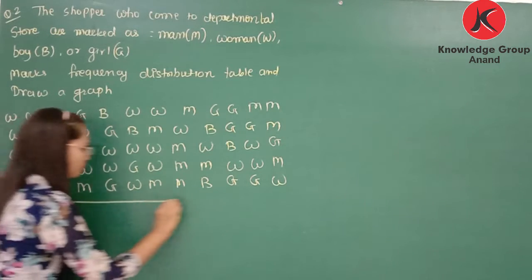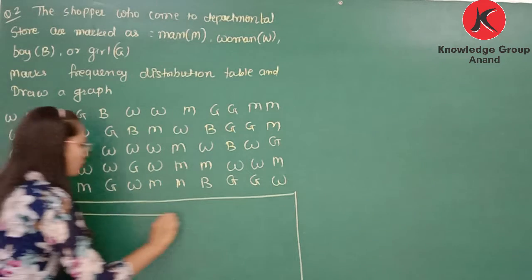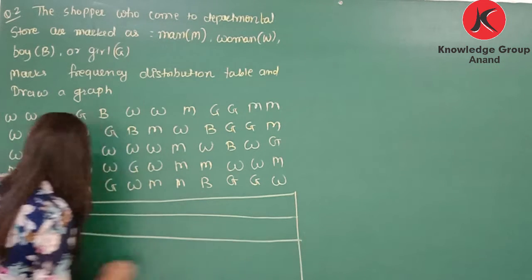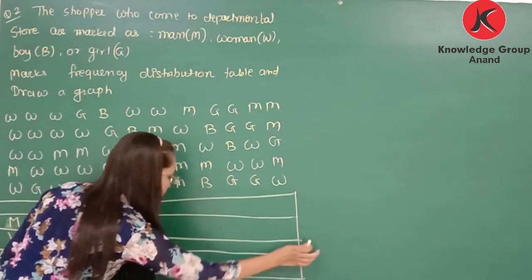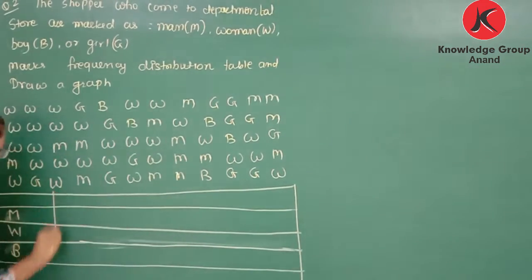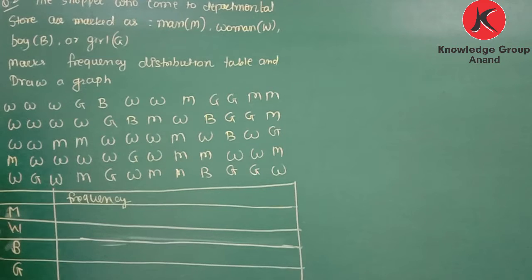So here M is man, W for woman, B for boy, and G for girl. Now frequency. Count the number of men that visit the store.